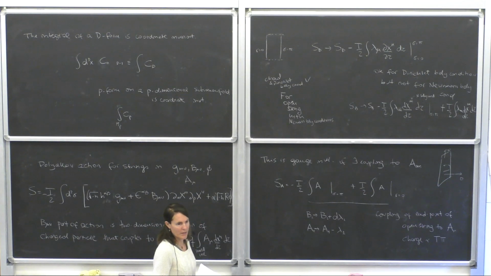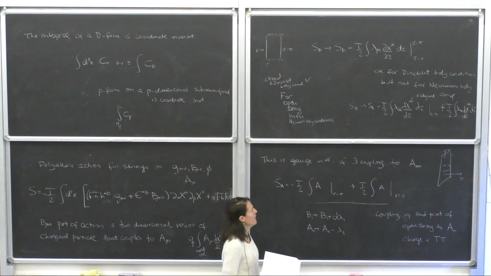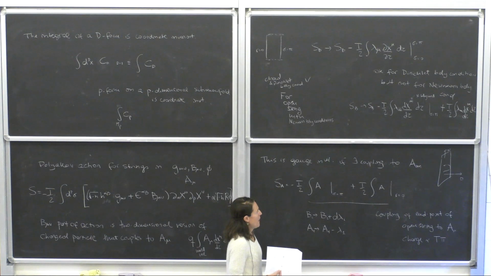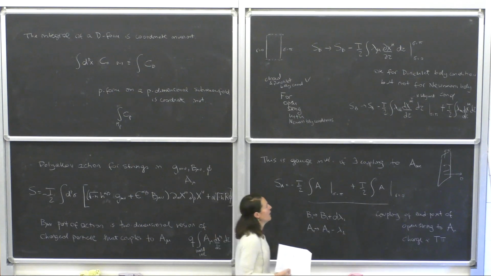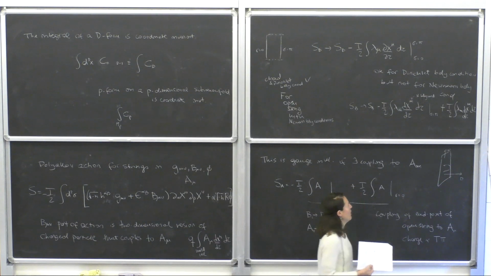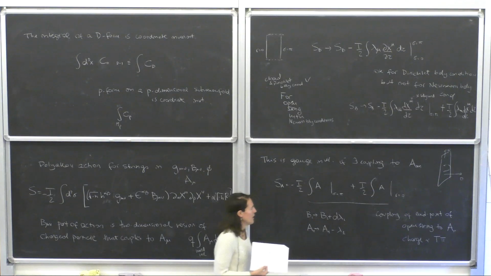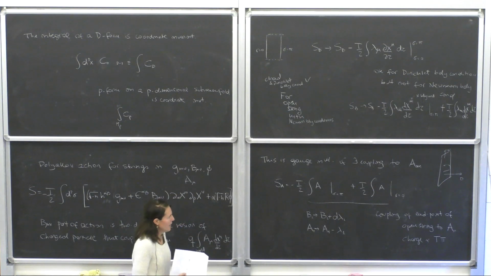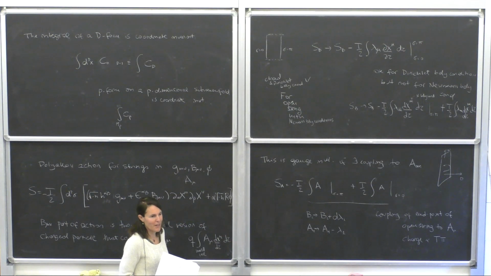So you have the open strings, you have Neumann boundary conditions. Not having Neumann boundary conditions in any direction means you have a D minus 1 brane.